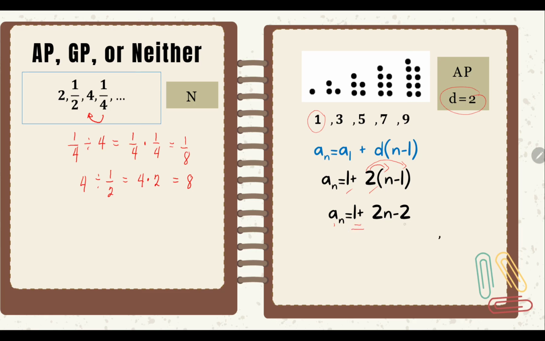We can again simplify 1 plus a negative 2, arriving at an answer 2n, then 1 minus 2 is negative 1. So the final formula for this set of dots is a sub n is equal to 2n minus 1.